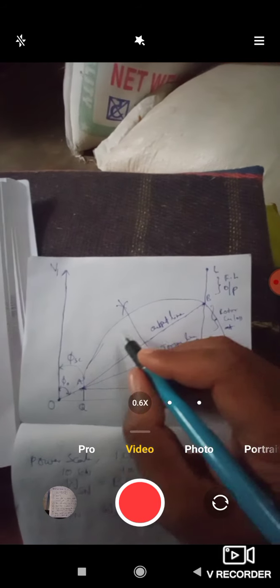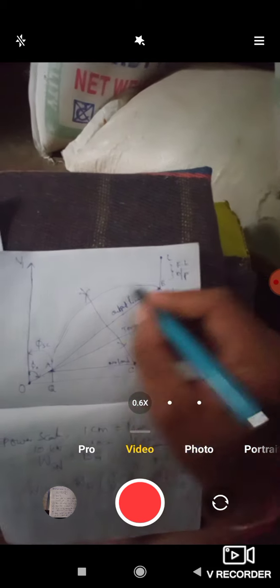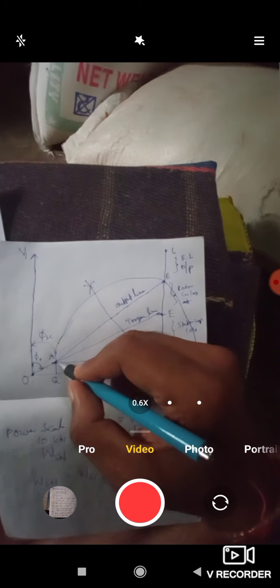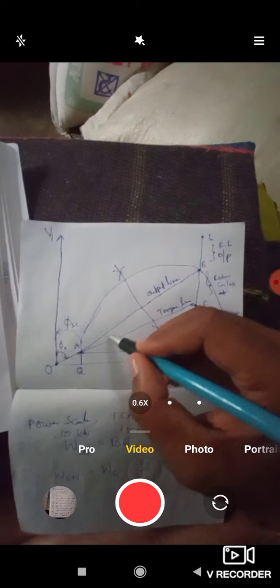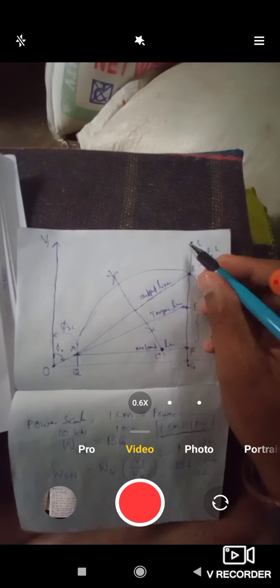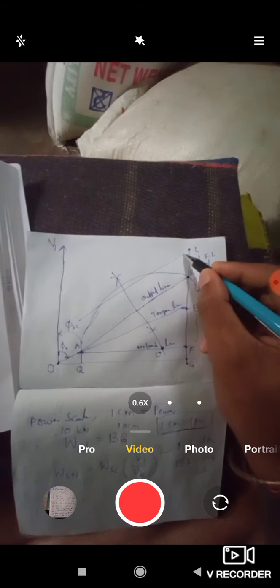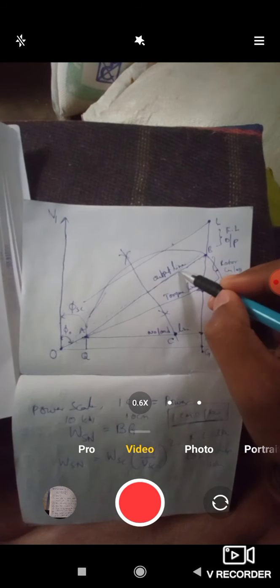From this we will find the operating point P. How? We draw a line parallel to the output line from L. This line and the output line are parallel to each other, and this line will cut the semicircle at 2 points.